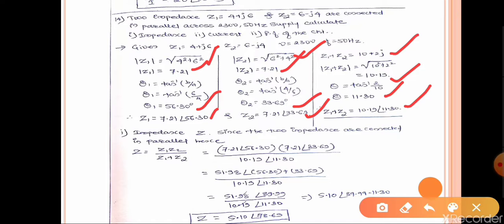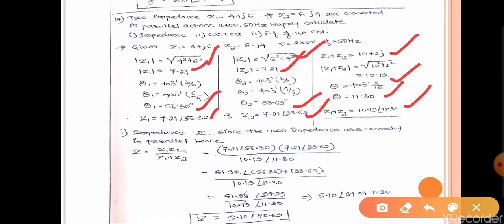So impedance Z, since two impedances are connected in parallel, Z equal to Z1 Z2 divided by Z1 plus Z2. So Z1 is 7.21 at an angle 56.30 into 7.21 at an angle 33.69 divided by 10.19 at an angle 11.30.